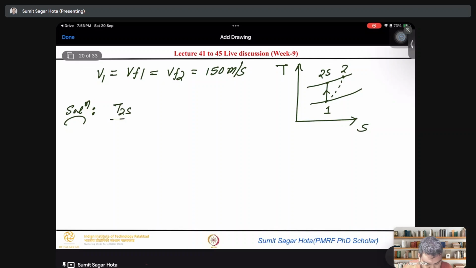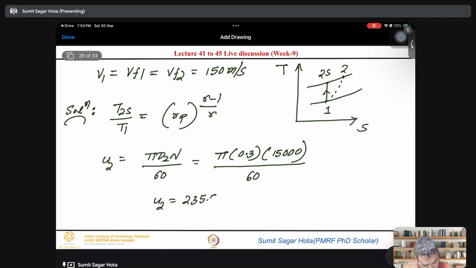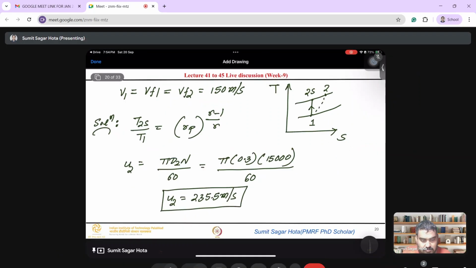T2s by T1 is equal to Rp to the power gamma minus 1 by gamma. So U2 is equal to pi D2 N by 60 is equal to pi into 0.3 into 15,000 divided by 60. So U2 is equal to 235.5 meter per second.